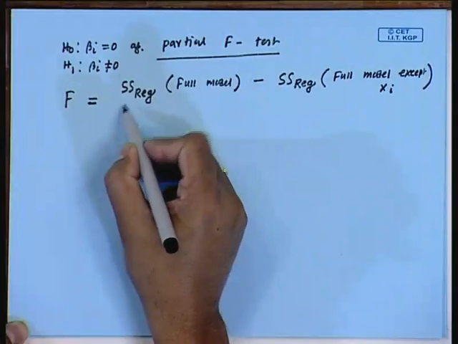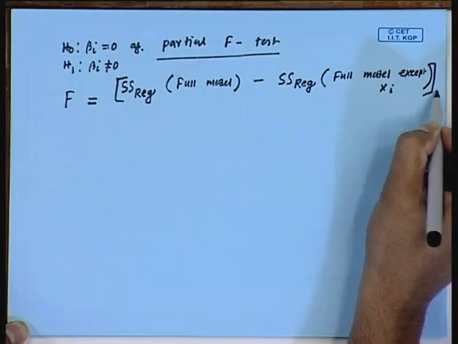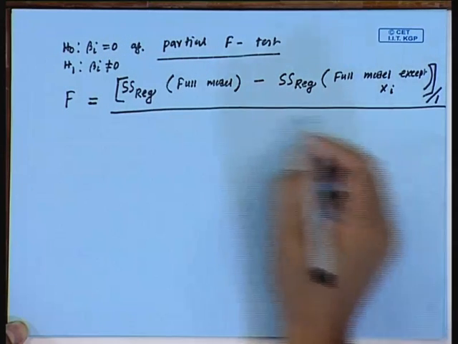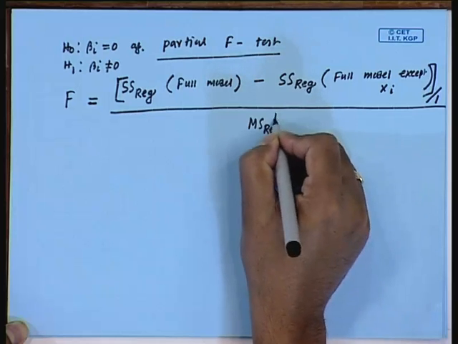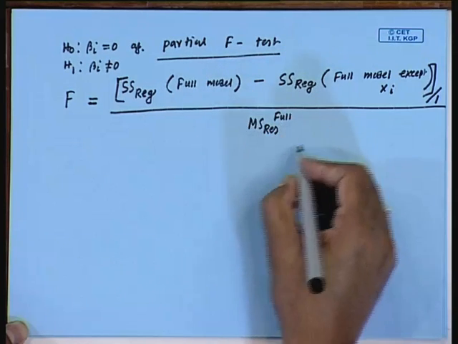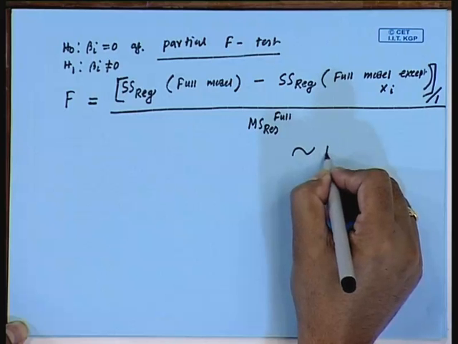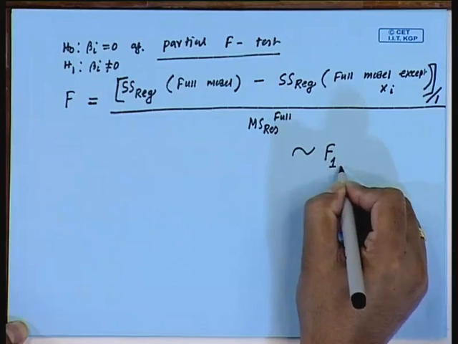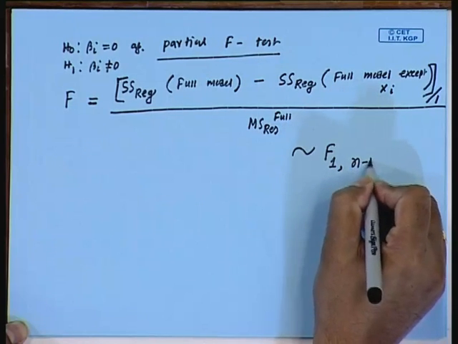This has degree of freedom 1. So you divide it by 1 and by MS residual for the full model. This follows an F distribution with degrees of freedom 1 and n minus k.